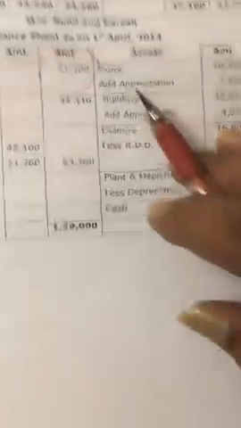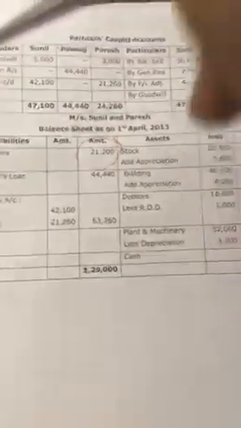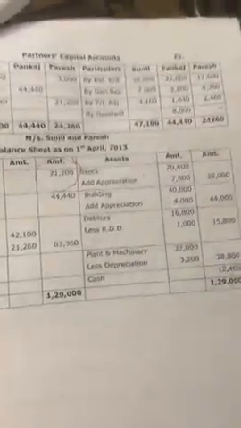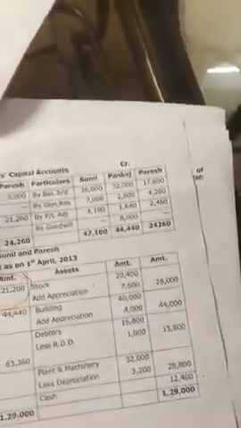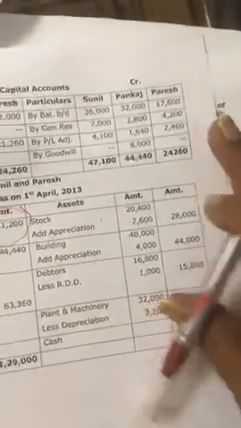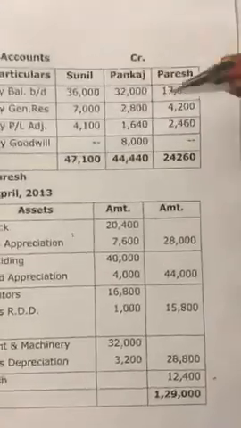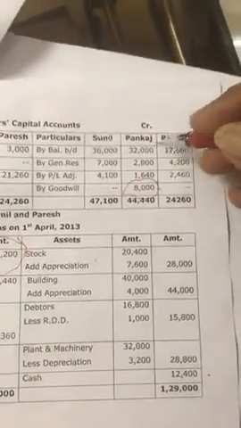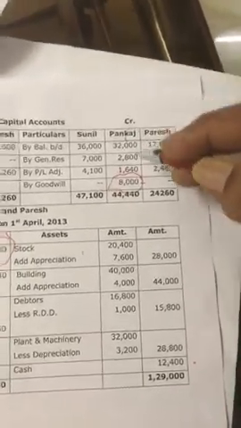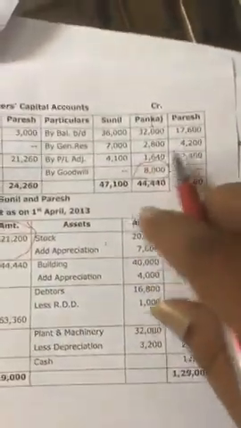Now coming to the partners' capital accounts. The adjustment says that goodwill is 8,000. Share of goodwill of the retiring partner is 8,000. So we have written the opening balance of the retiring partner and all partners.